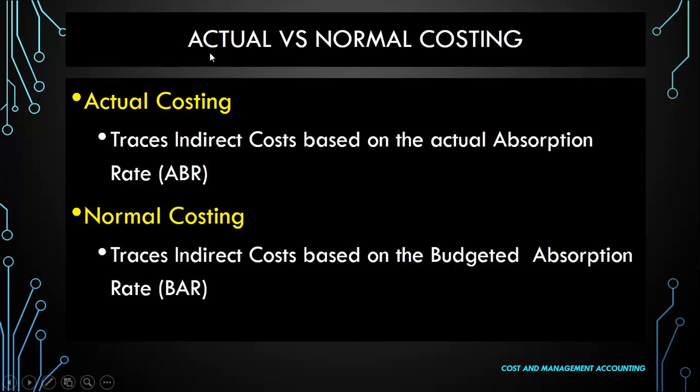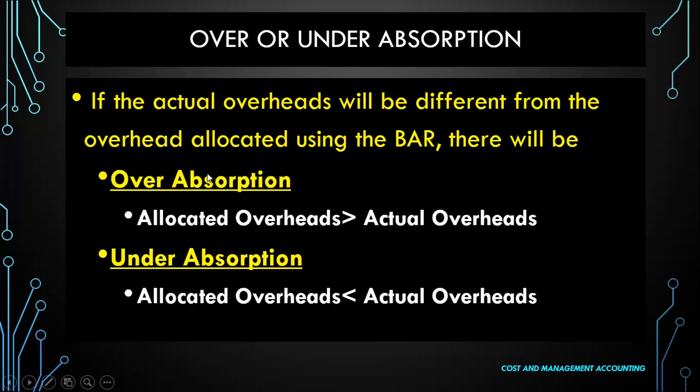So the difference between actual and normal costing arises because of the difference in the absorption rates. Because the actual overheads will be different from the overheads allocated using the budgeted absorption rate, which is generally different from the actual absorption rate, there is a possibility of over absorption or under absorption.